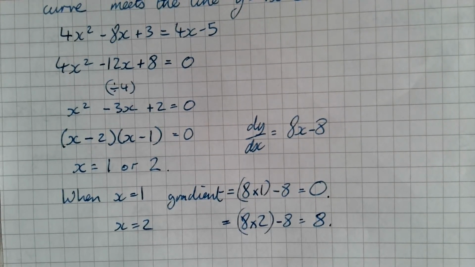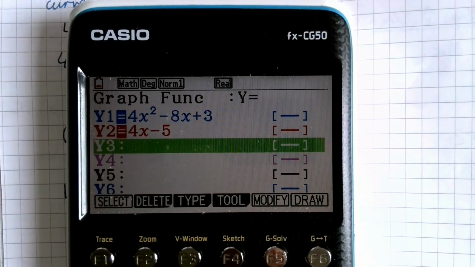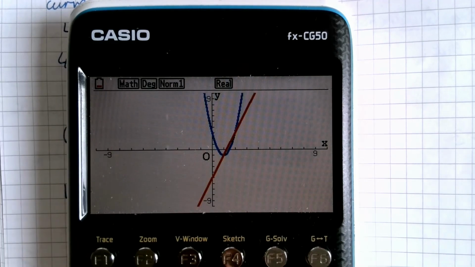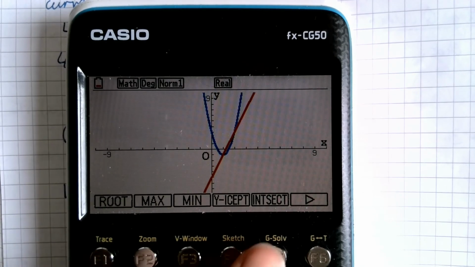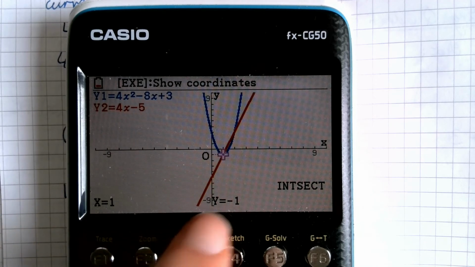And that is that for today. Just before we do, I'll just remind you what that looks like on the calculator. So popping it into your graph function, you put those two in like that. Remember, you hit draw, and then to get your solutions you'd have G-Solve, and you'd have your intersections, which gives you x is 1, y is -1.